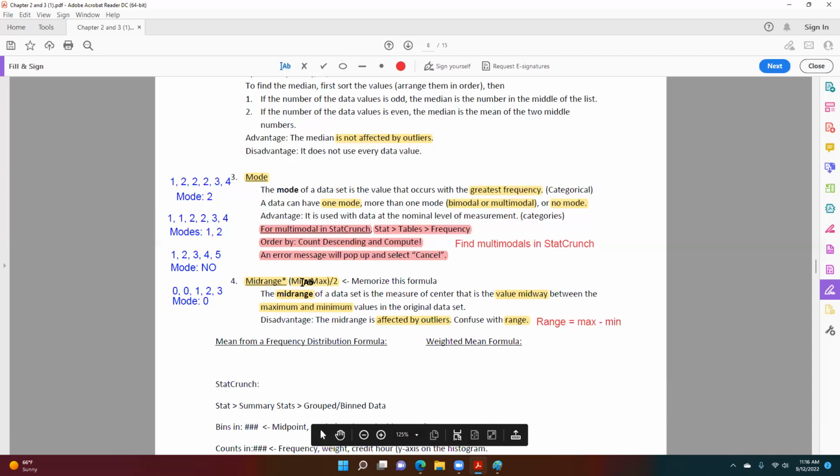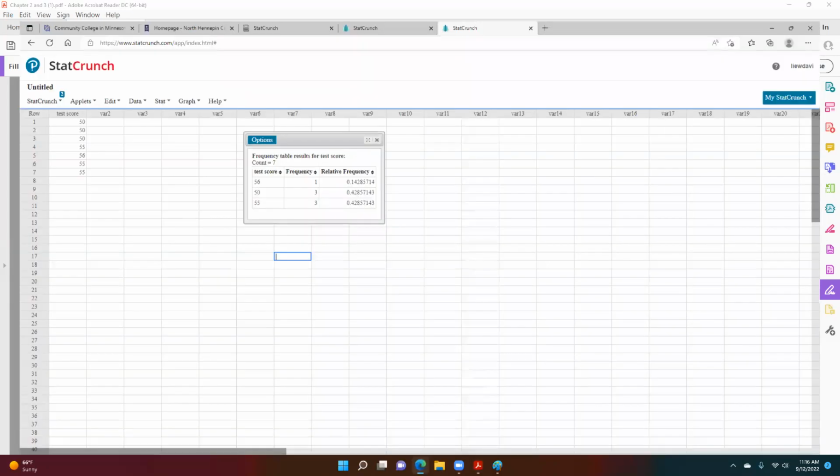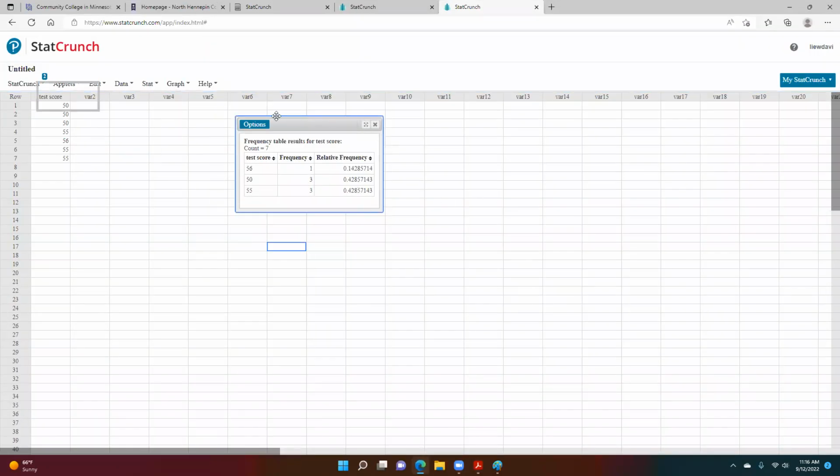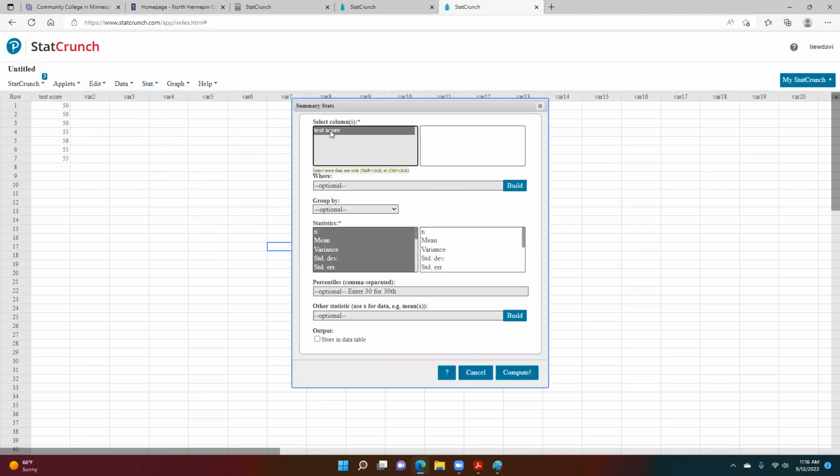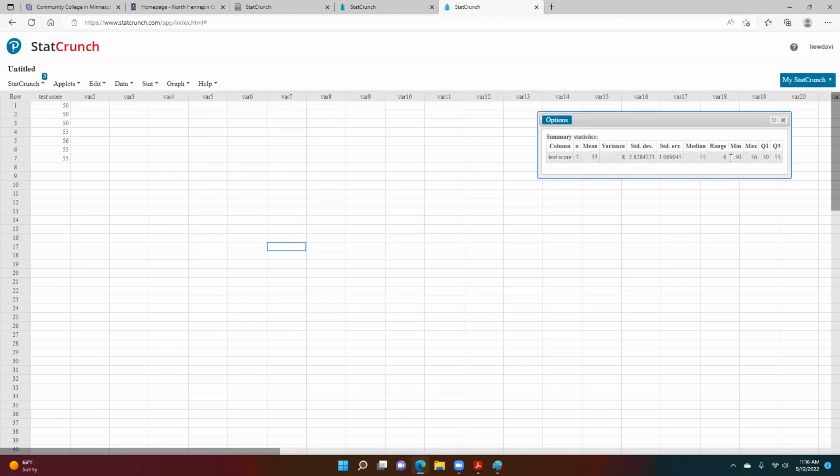StatCrunch will provide you the minimum and the maximum. So if you go the same way we just mentioned, Stat, Summary Stats, Columns, and compute the test score here, it will give you the minimum and the maximum. What you need to do with this minimum and maximum is add them up and divide by 2.